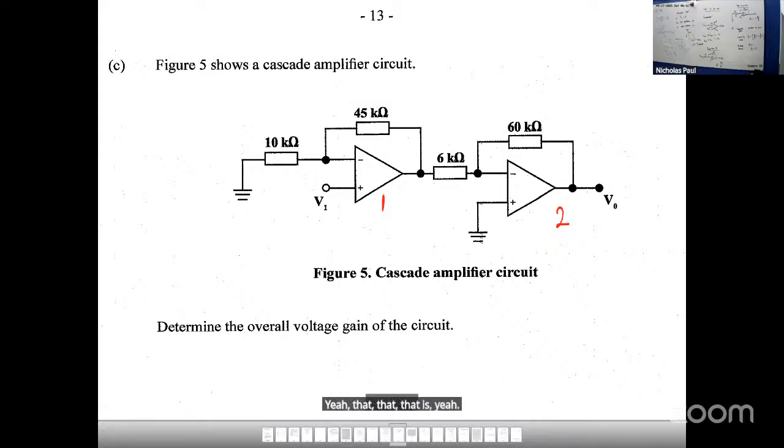What type of op-amp is the first one? Non-inverting. And what type of op-amp is the second one? Inverting. Go ahead, work out the gains.